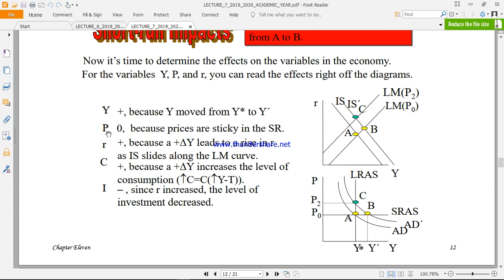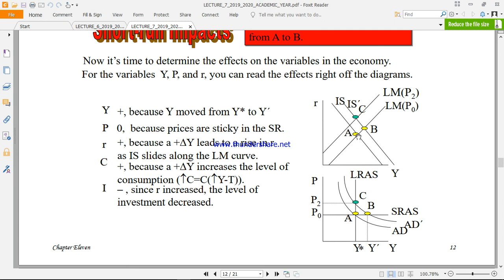And then the price is not going to change. It's going to be zero because they're stuck in the short run. The rate of interest, we expect to increase because you are increasing output. And this is the IS. There's this one-to-one relationship in the IS.